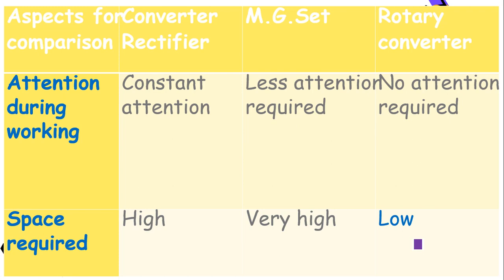And the rotary converter may not be produced at this time, and a technician may be required to operate the presently installed rotary converters. And we can say whenever AC supply is available, the first preference will be normal rectifiers. Normal rectifiers, in the sense, will have power electronics components.